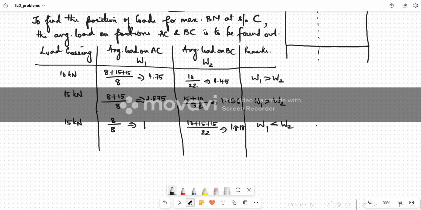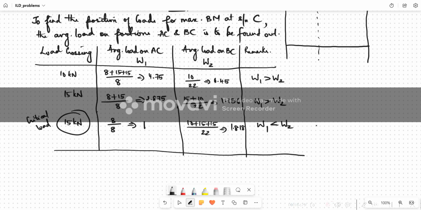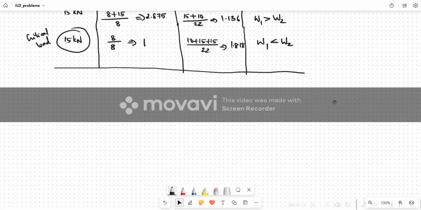So now you have a reversal. W1 is less than W2, which means this third 15 kilonewton load can be identified as the critical load. When that load crosses section C, you are getting a reversal, an unbalance, that is, BC gets heavier than AC. So we will take that 15 kilonewton as the critical load, and we are going to place this load on section C for the condition of maximum bending moment.